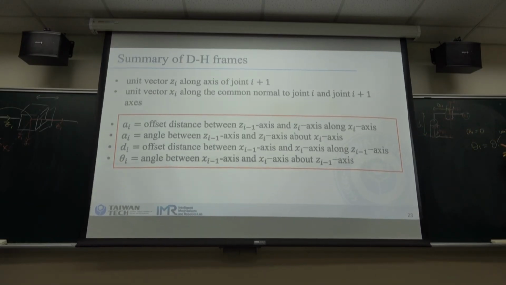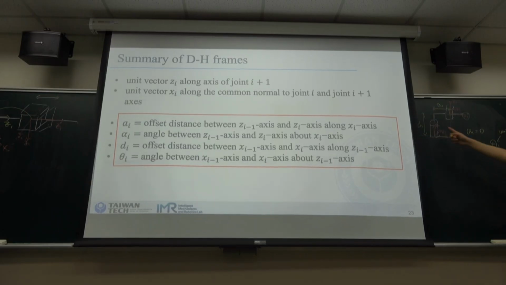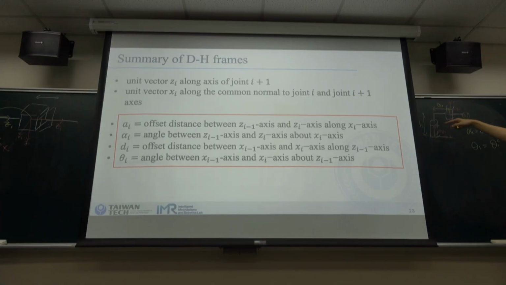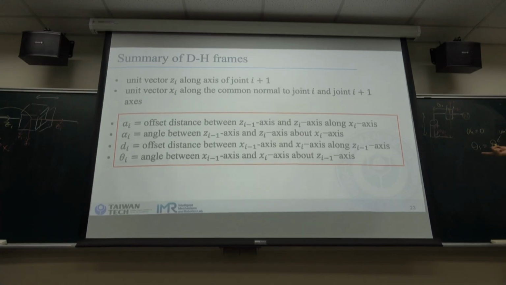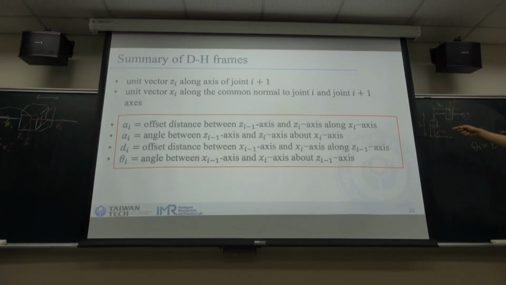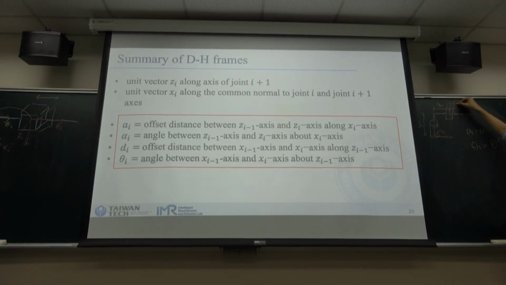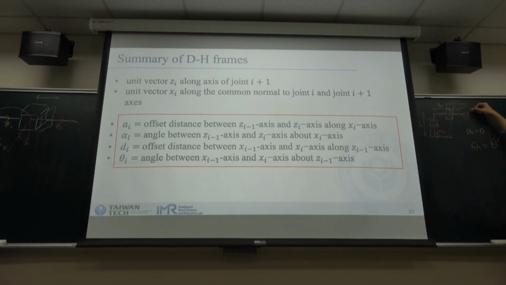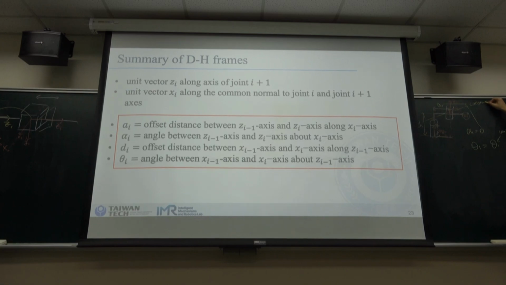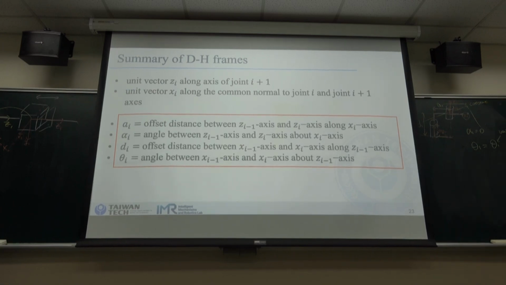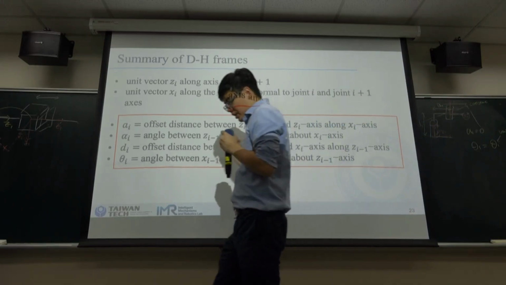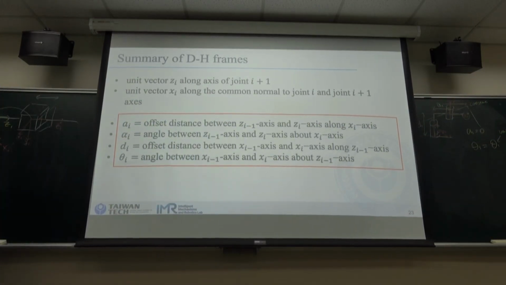In this configuration it's 0, but this is the variable of this joint. Is it okay? The other three are constant numbers, and this is the variable. So we get the DH parameters.